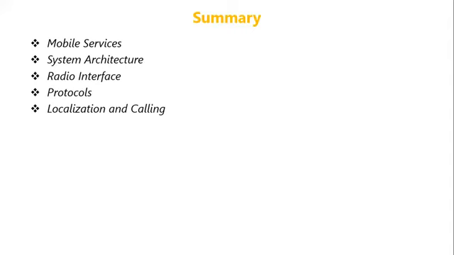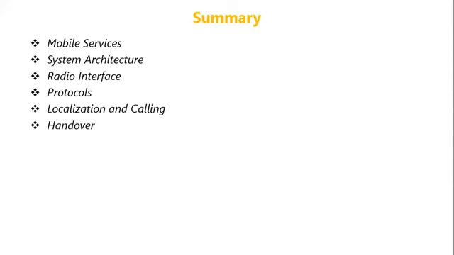And then we have discussed handover. Handover happens when a mobile station moves from one particular base station to some other base station. Handover happens for two reasons. One is when the signal becomes very low, or the quality of the radio link becomes very low.